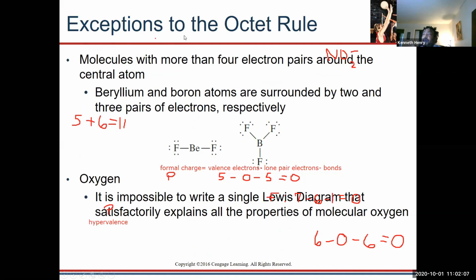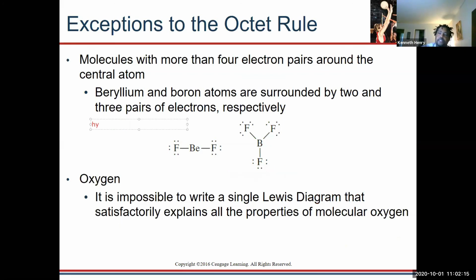And then we have cases of hypovalency. So what do you think hypovalency means? The opposite, meaning that you have less than 8 electrons around you. There are 2 elements that are notorious for this. That is beryllium.